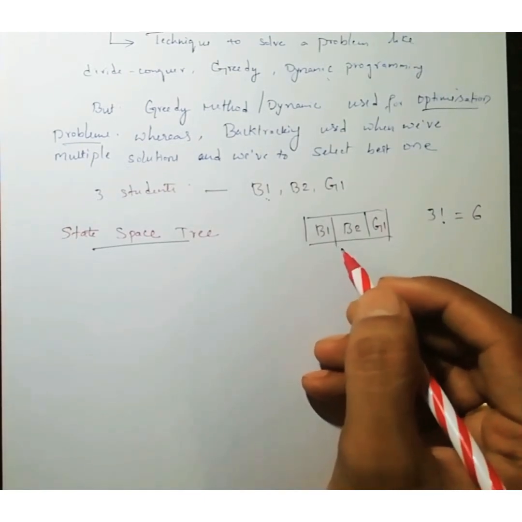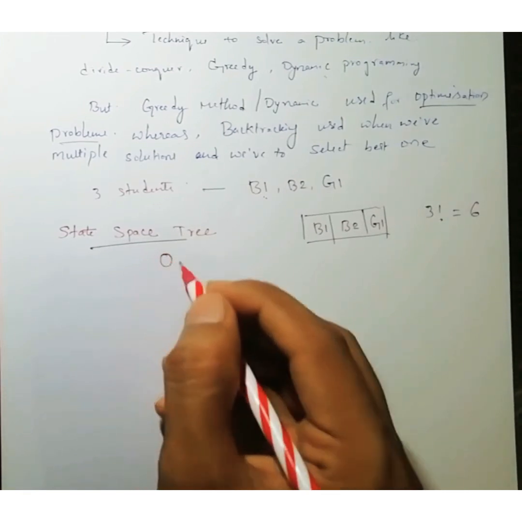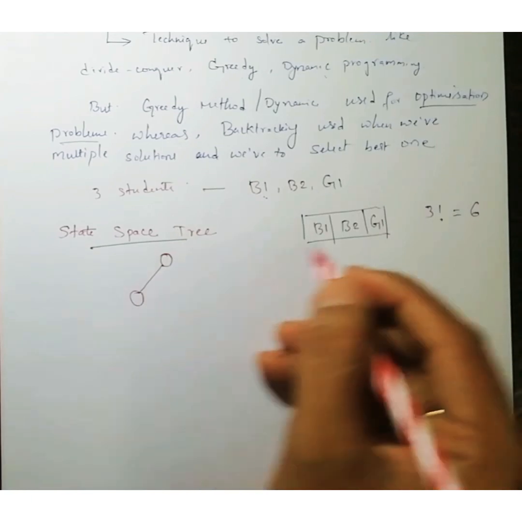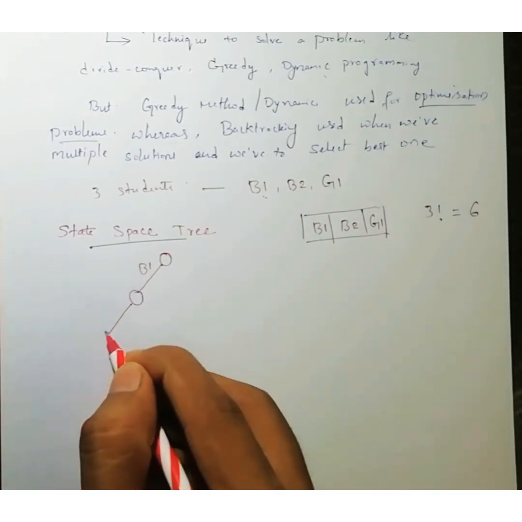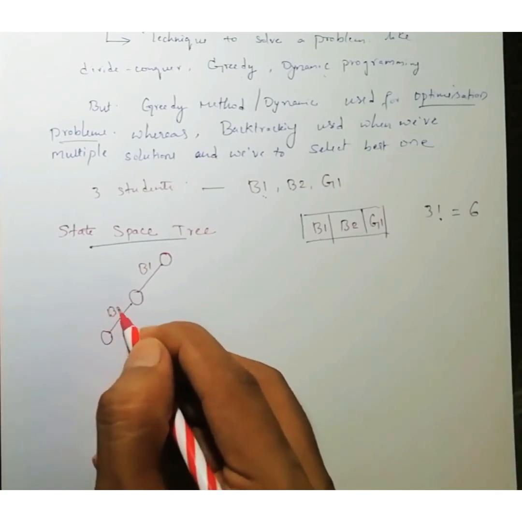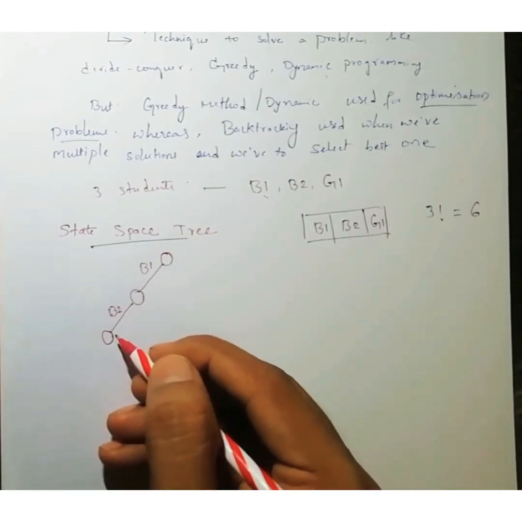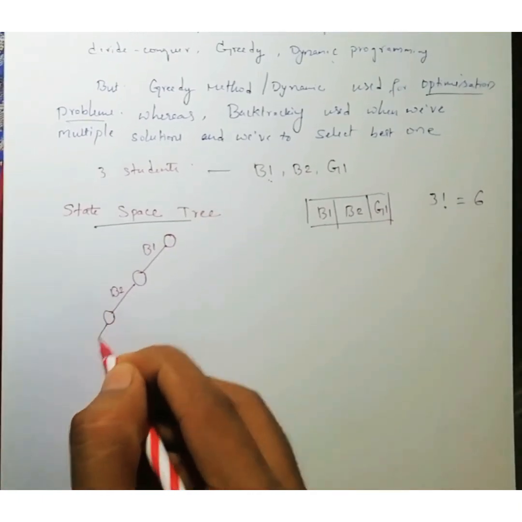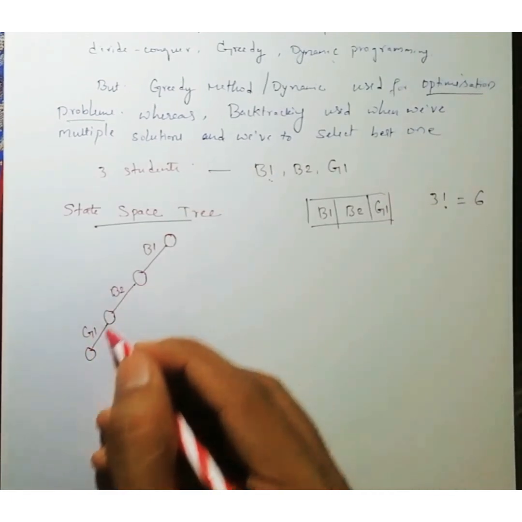First I will write a starting node. The first boy is sitting, next the second boy is sitting, like levels: first level, second level, or you can take first bench, second bench, and in the third bench the girl is sitting. So this is one possibility.